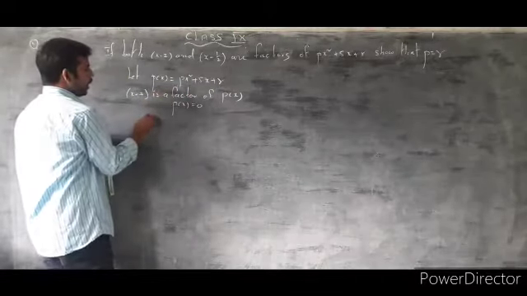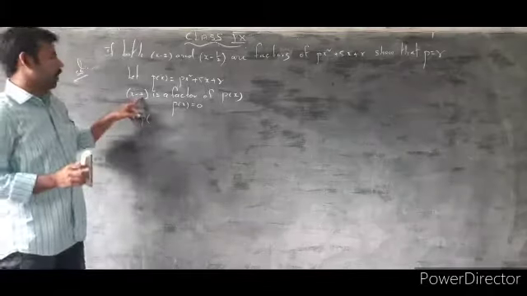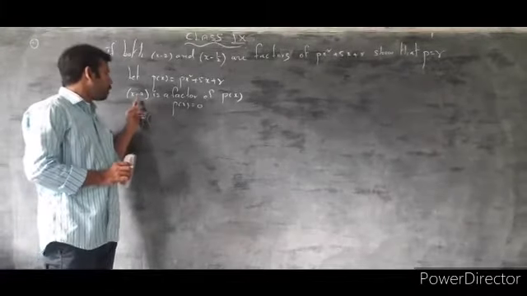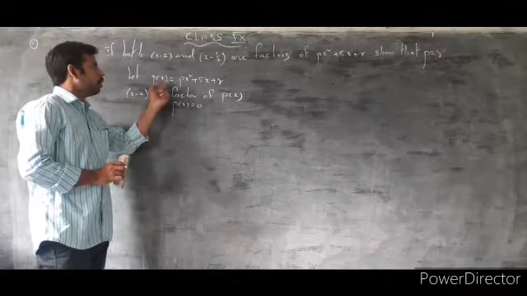Here, by the remainder theorem, x minus 2 equal to 0, so x equal to 2. Now substitute 2 in p of x.